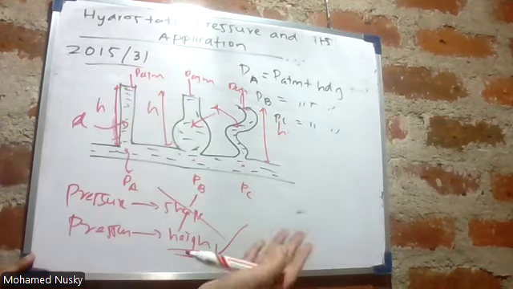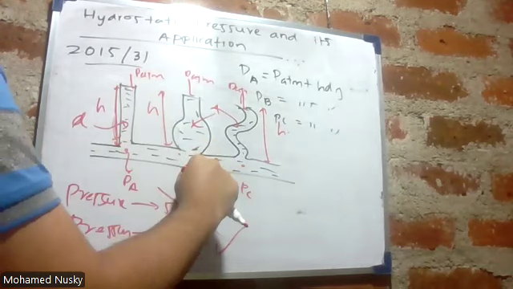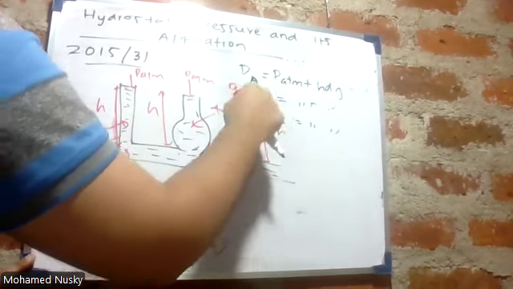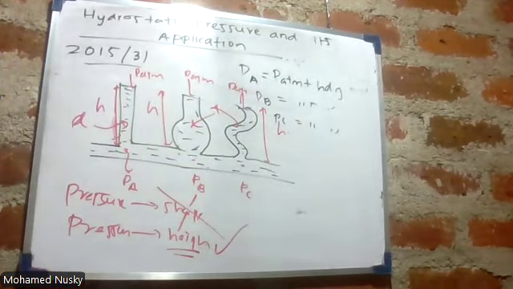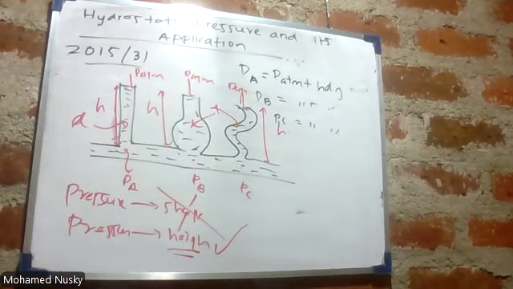What is the equation for hydrostatic pressure? That is h rho g. PB is P atm plus h rho g, and PC is P atm plus h rho g. No need to think of the container. Pressure depends only on the height, not on the shape. That's it.